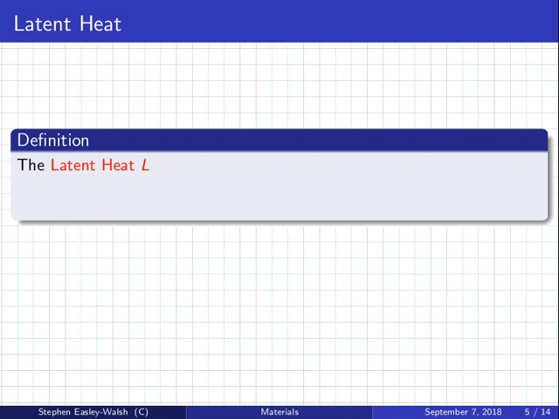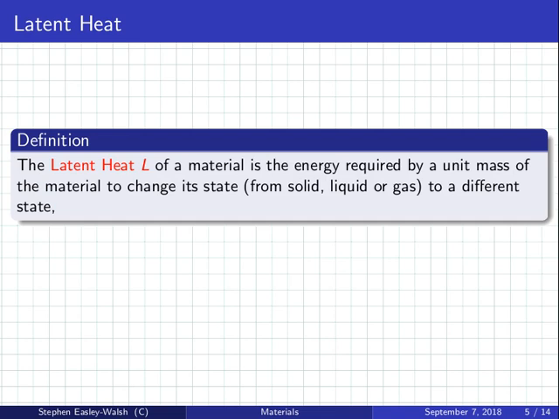So latent heat, the definition is the energy required to change the state of a unit mass, and this part's important, without a change in temperature, okay. So the latent heat is how much energy you need to change 1 kilogram of mass's state, but not to change its temperature, only its state.